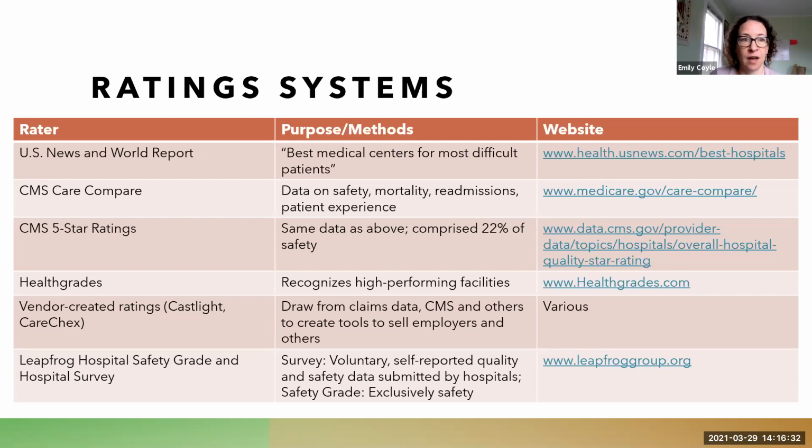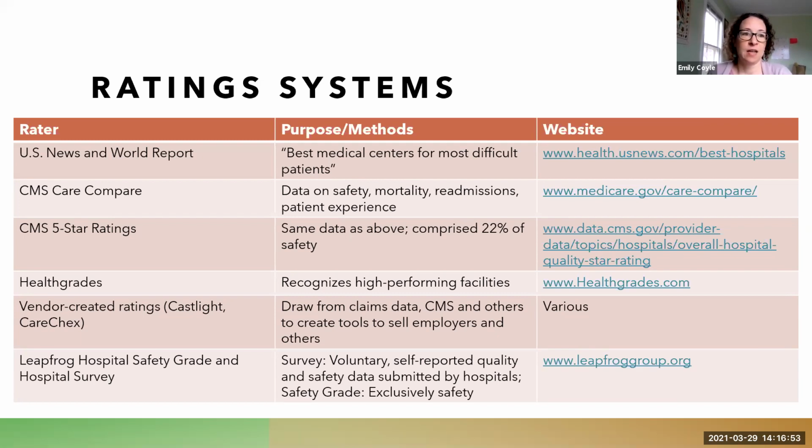There are vendor-created ratings, such as Castlight Health and Care Checks by Quantros. These draw from claims data, Centers for Medicare and Medicaid, and others. Really their purpose is to create tools to sell to employers and others to support healthcare decisions at that system level.